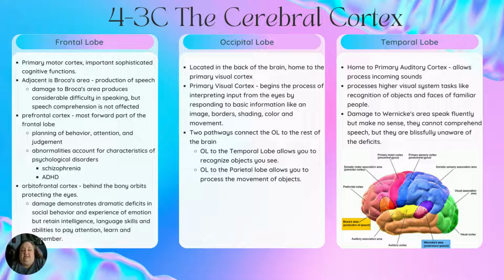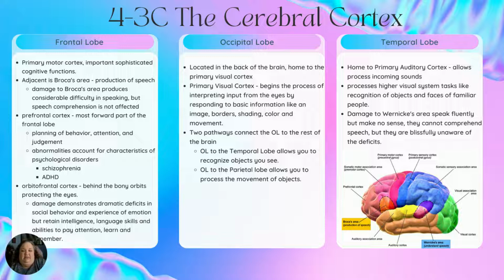Damage to Wernicke's area deals with fluent speech, but the people don't really make any sense, and they can't comprehend speech because that's the processing part of it. But they're really blissful about it because they just have no idea that there's even a problem. So they're just speaking gibberish, but they don't know that they're speaking gibberish, so it doesn't really make any difference.